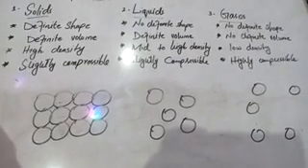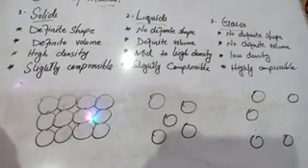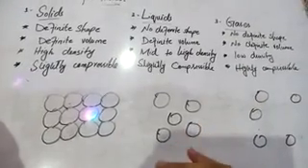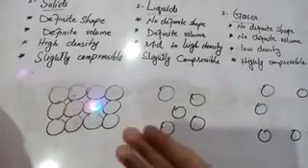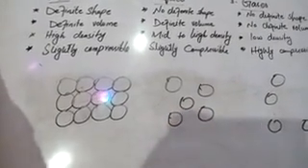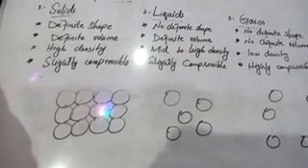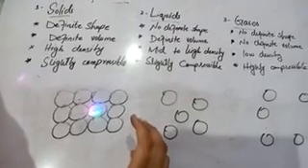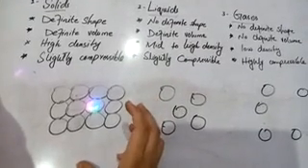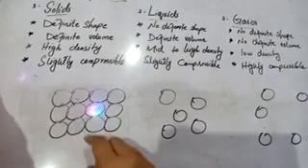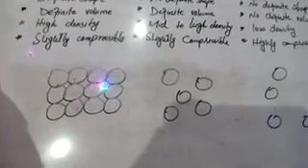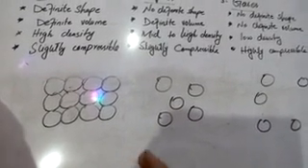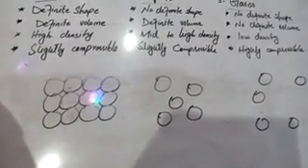Compressible means how much you can compress the solids, how much pressure you will exert on solid to compress it. So solids, because they are closely packed, they have a definite shape, so they have less spaces between their molecules.